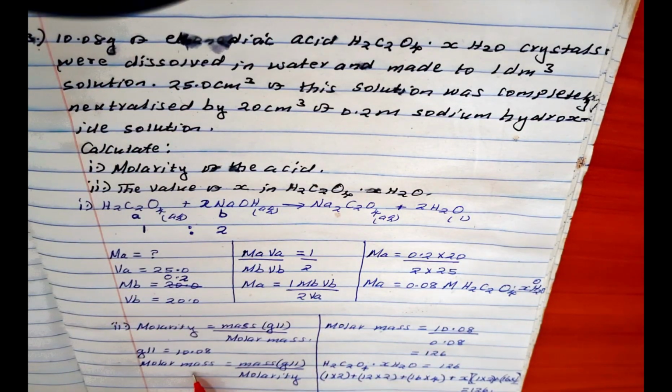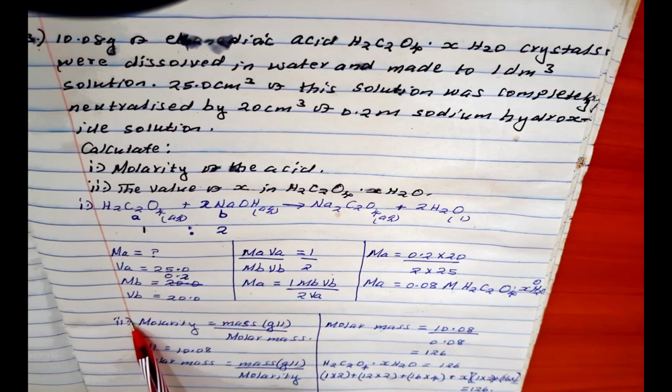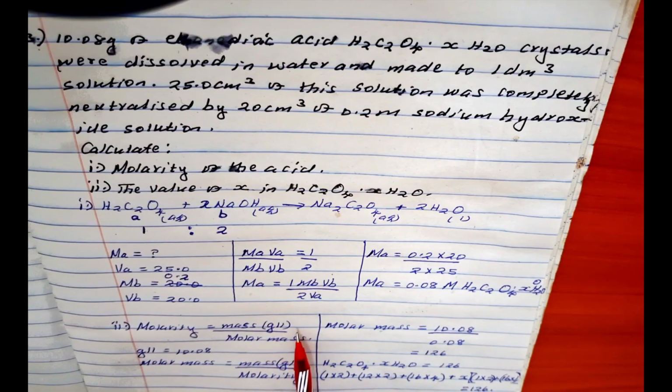Then we make molar mass the subject of our formula. So how do you get the molar mass? Multiply by molar mass on both sides of the equation.